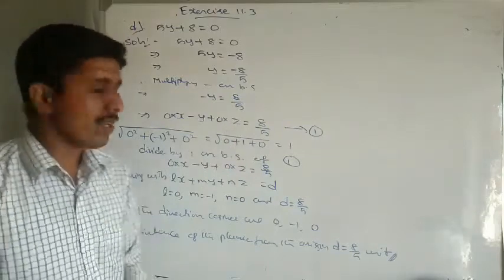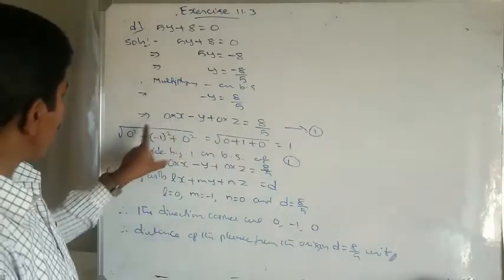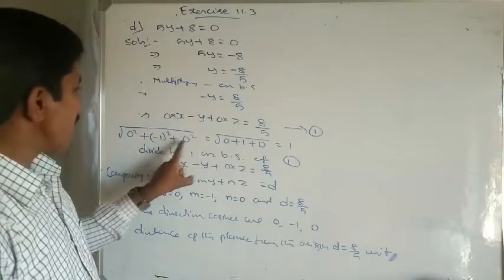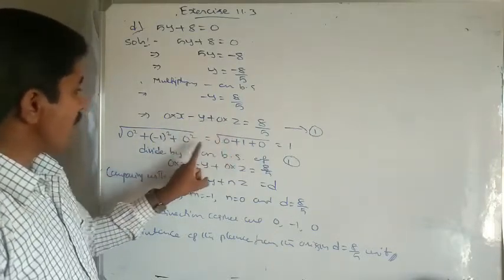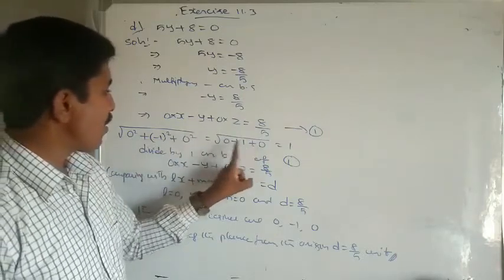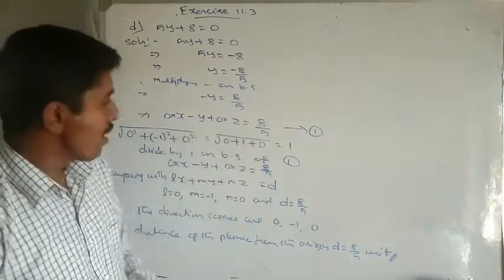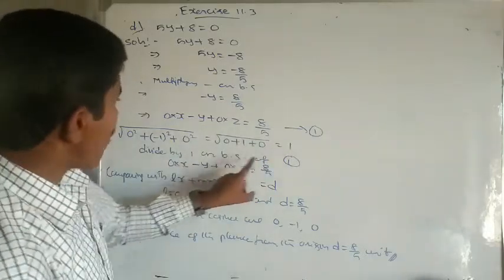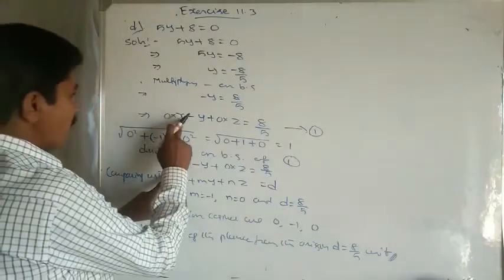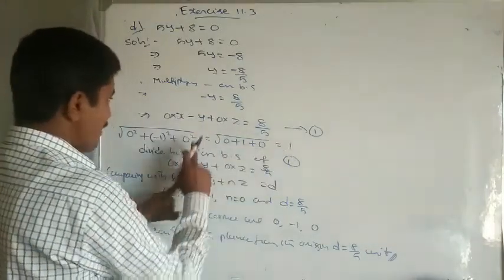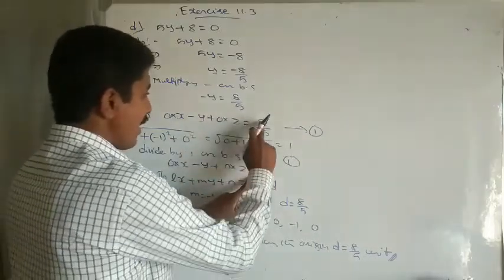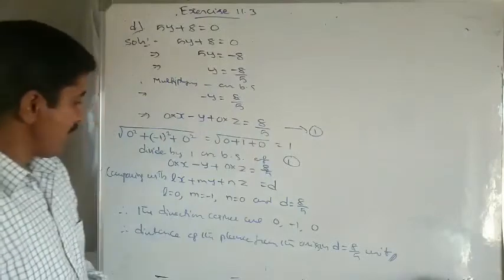Called equation 1. Square root of x coefficient 0 square plus y coefficient minus 1 whole square plus z coefficient 0 square. Square root of 0 plus 1 plus 0, square root of 1 is equal to 1. Dividing by 1 on both sides of equation 1: 0 into x by 1, minus y by 1, 0 into z by 1, 8 by 5 divided by 1, 8 by 5.